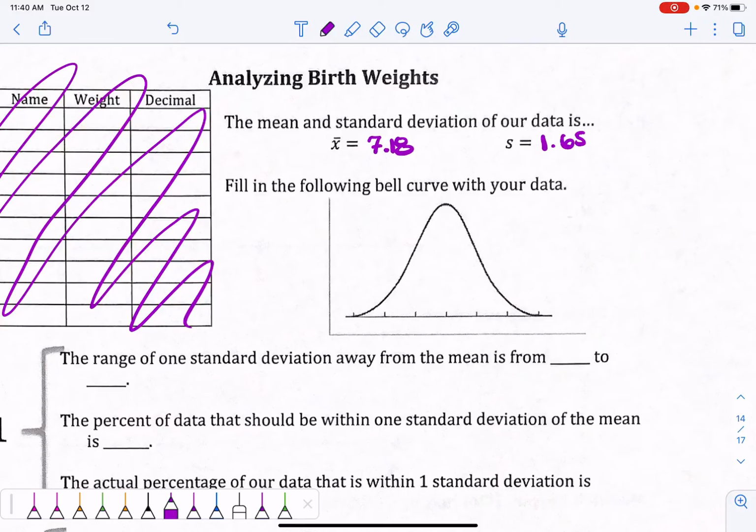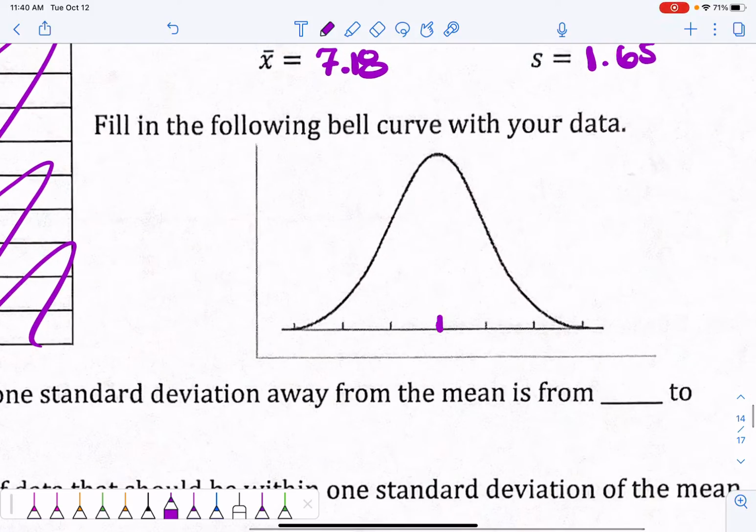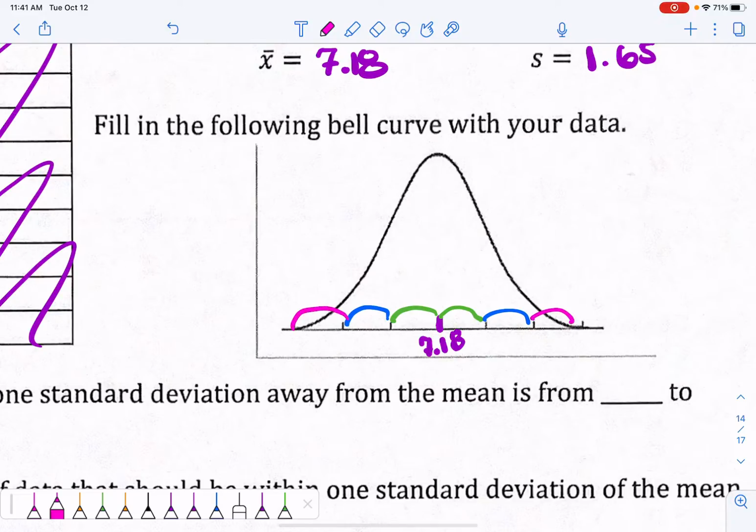Then we fill in your data values on the bell curve. Here's going to be the average, so 7.18 goes in the middle, and then we keep adding 1.65 and subtracting 1.65, adding here and subtracting here, and then doing it again. Then we figure out what each one of those numbers is, okay?